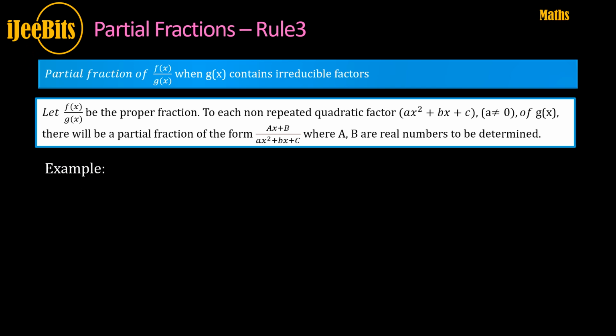So now the question is how you are going to identify them. Let me put a few examples and then see how easy we can find out. Let's say we have an equation: 2x squared plus 1 divided by x cube minus 1. If you look at this example, the degree of numerator is less than the degree of denominator.